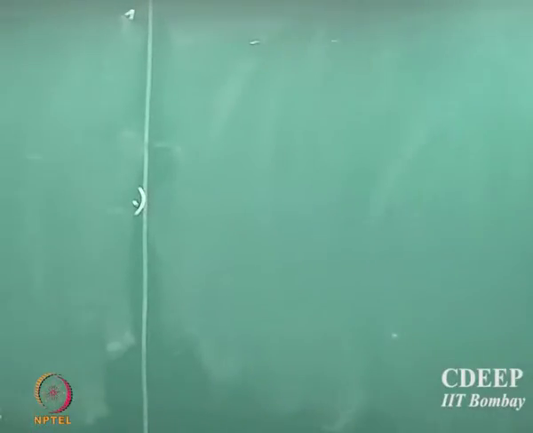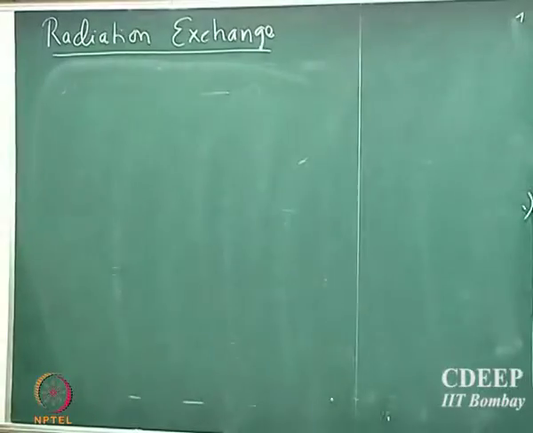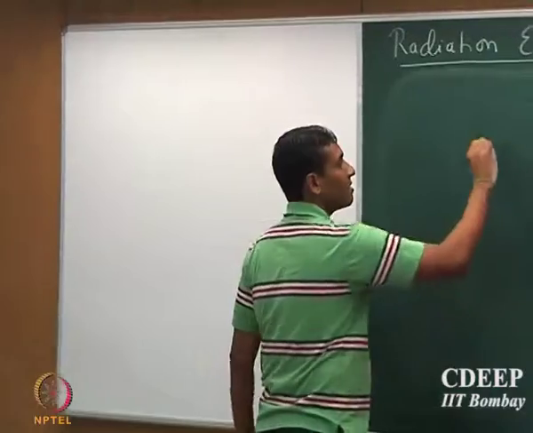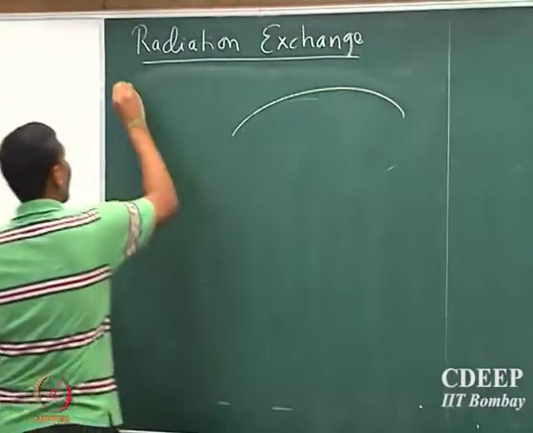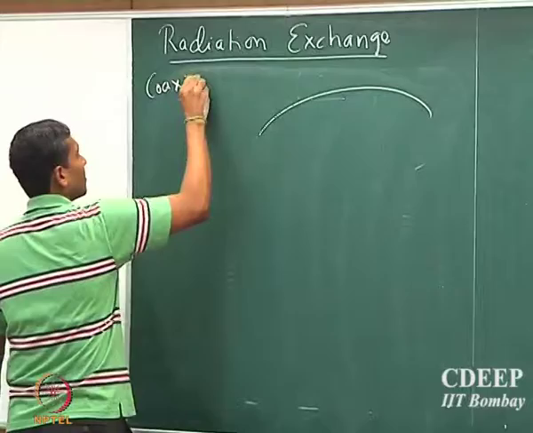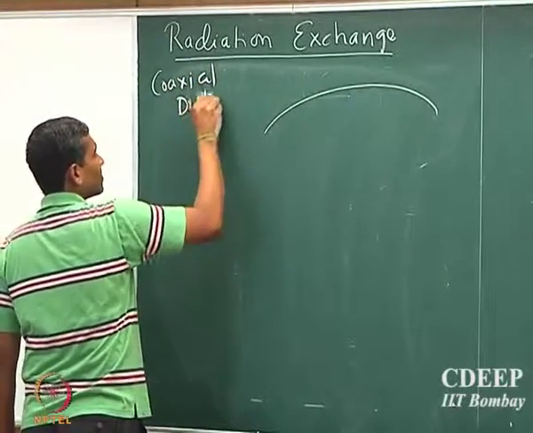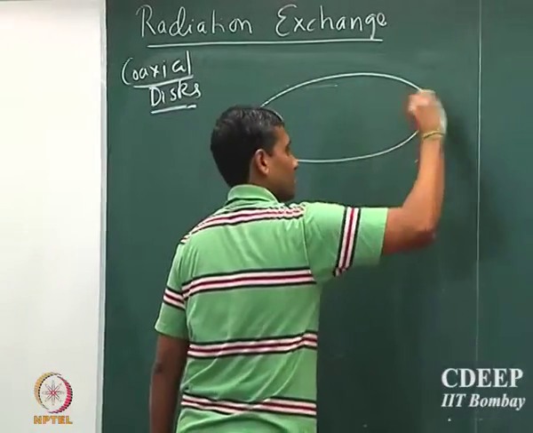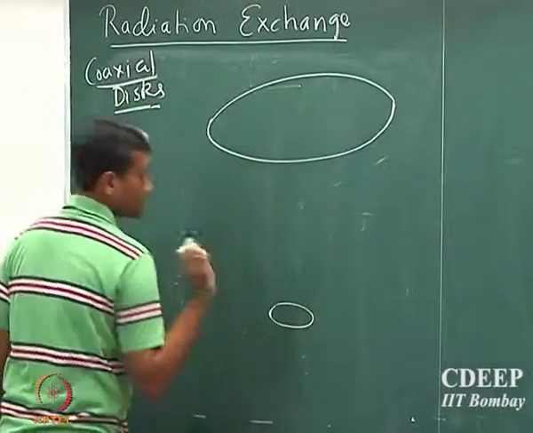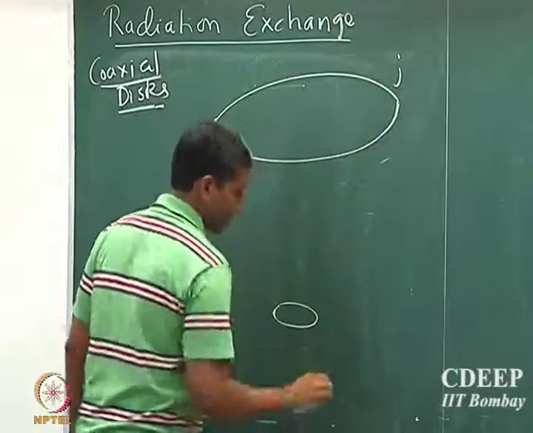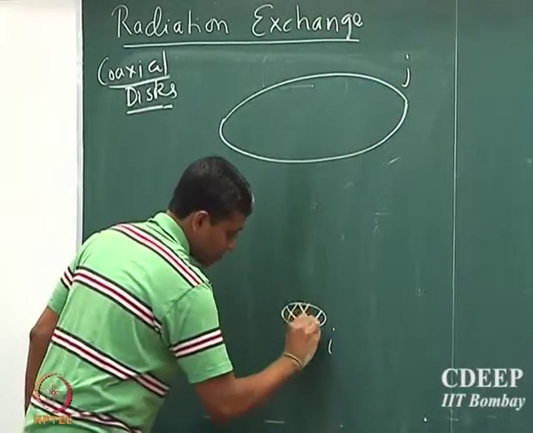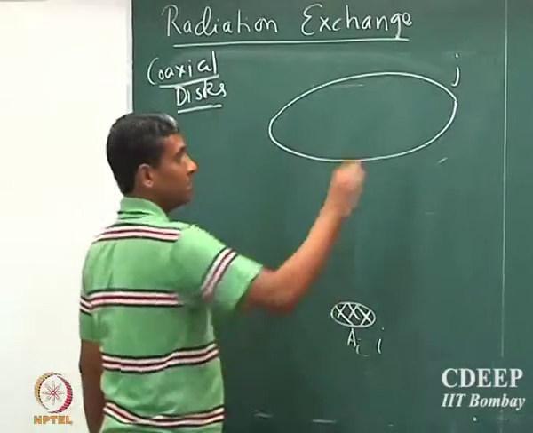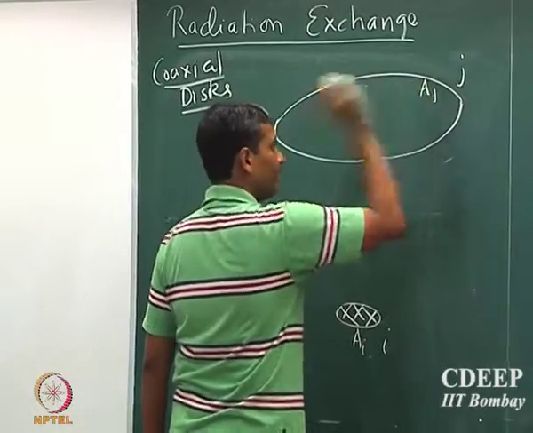So we are going to look at a specific example now, where we do not have a choice but to use the integrals. Okay. So let us say you look at the coaxial disk. So this is surface j and this is surface I. And the surface area is Ai and the surface area is Aj.